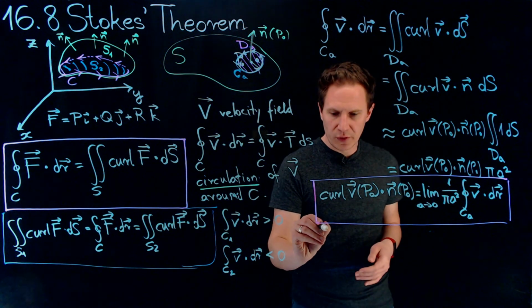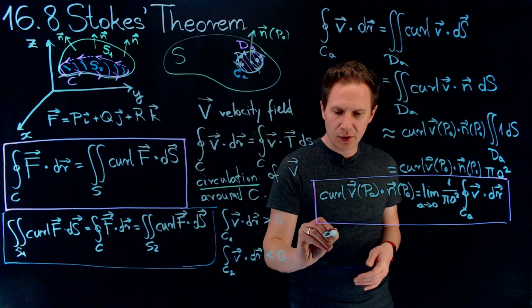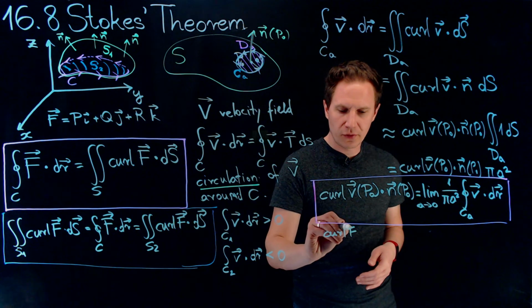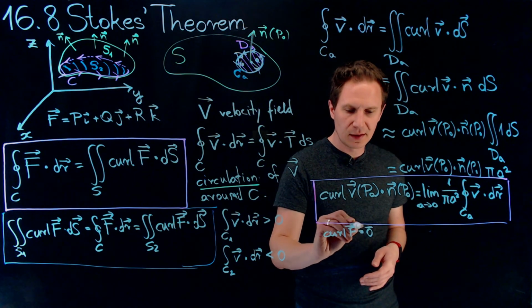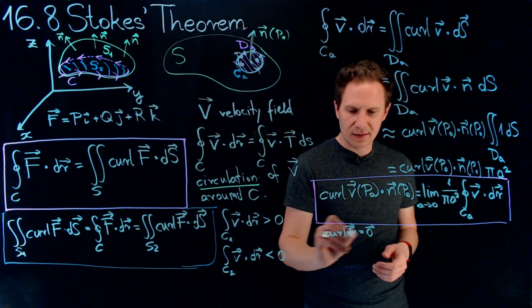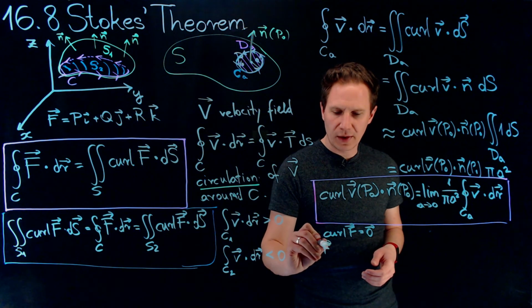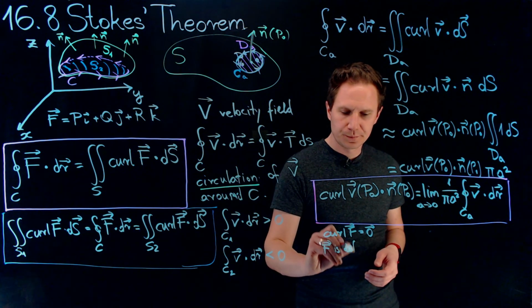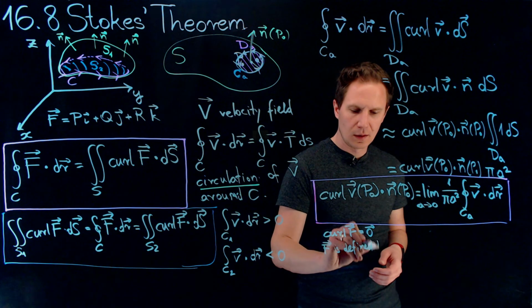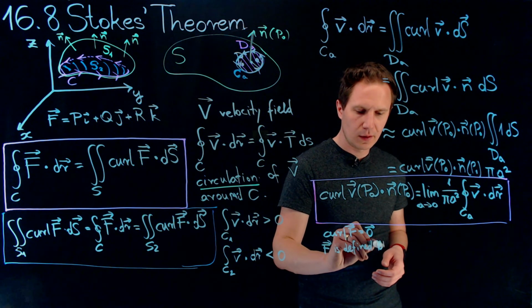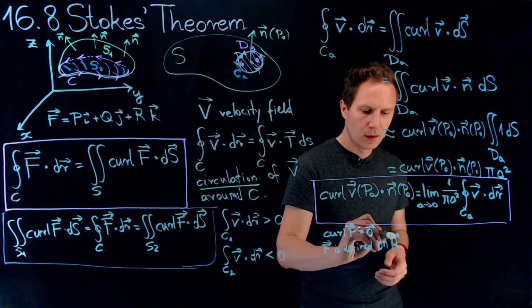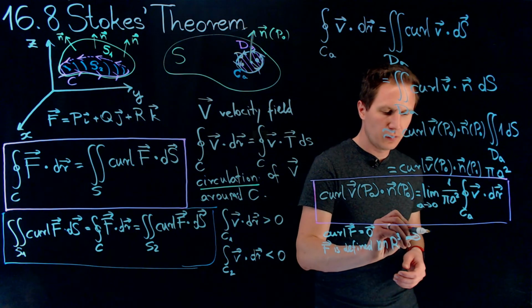So again, prove that if the curl of F is identically the 0 vector, and F is defined on R3, then F is conservative.